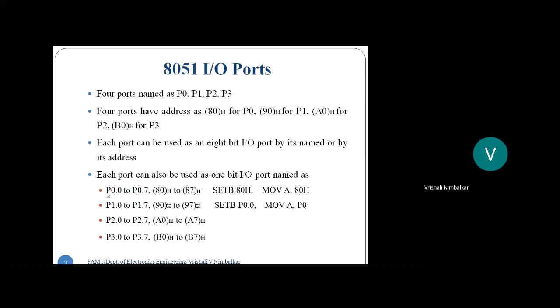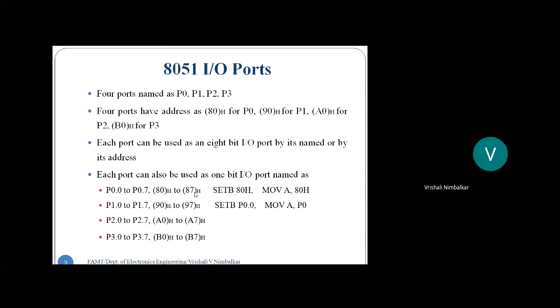These are the names of the 1 bit port 0 lines. If you want to use a bit by its address, we have addresses 80, 81, 82 up to 87. P0.7 you can refer to by the name, or by the address 87 hex.